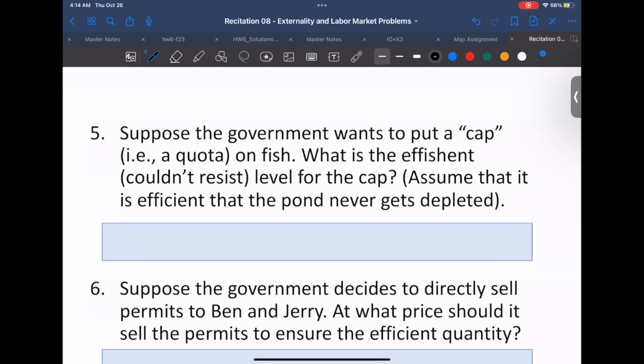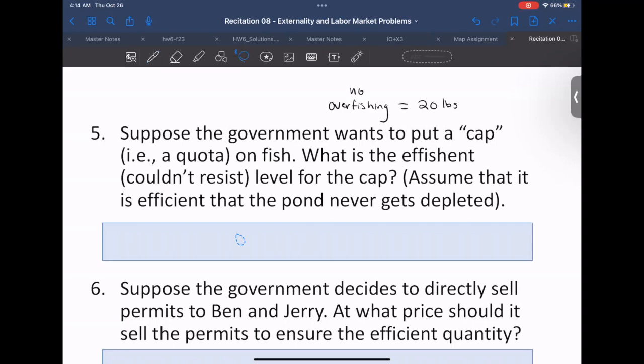So we were told that in order for there to be no overfishing, we have to stay at 20 pounds. So naturally, the quota that we would set is just 20 pounds. The efficient quantity is 20 pounds of fish a day. That way, people can keep fishing there because there are still going to be fish to be caught.